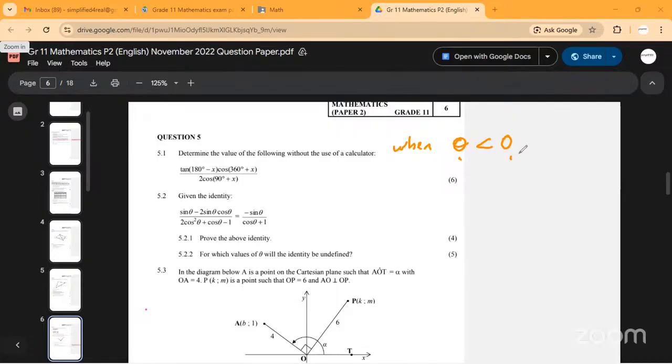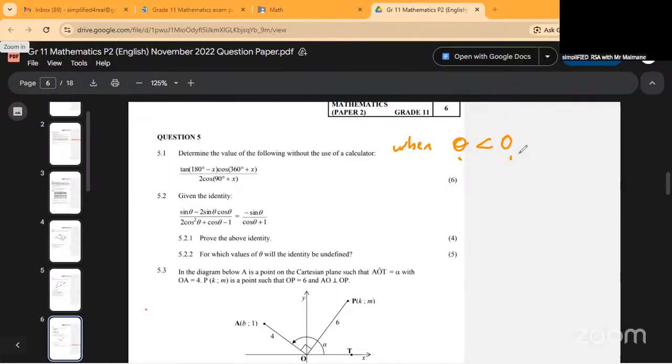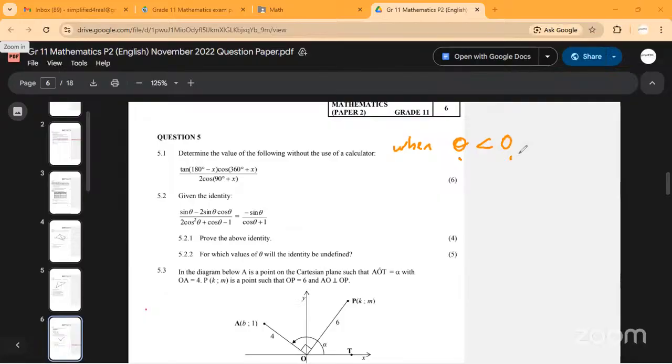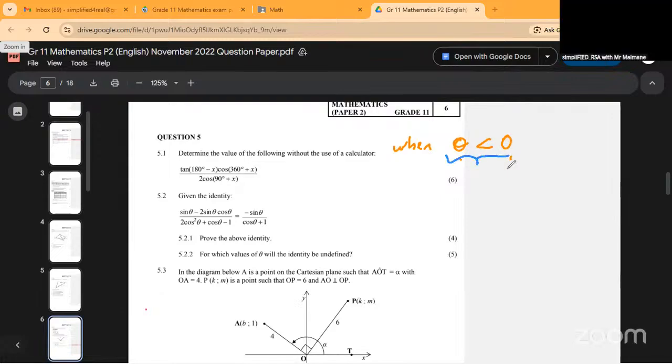You can write on the screen on the side. This is what you're saying. So when theta is less than 0, okay.